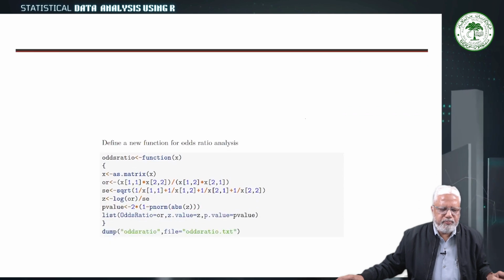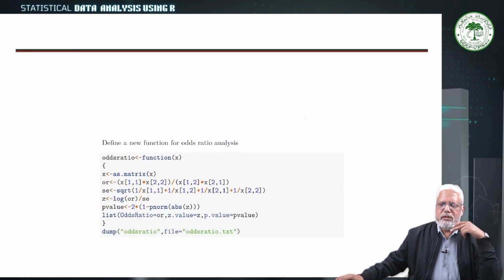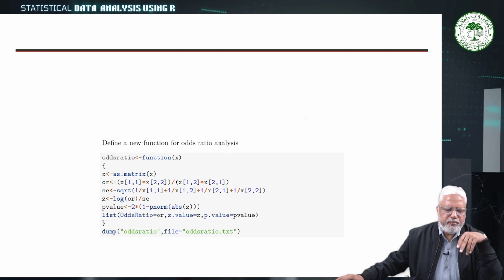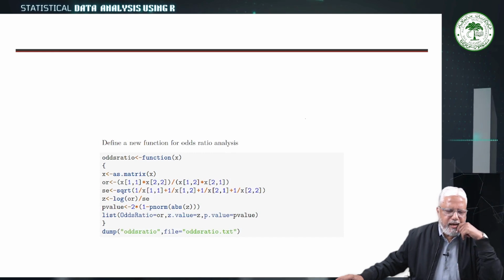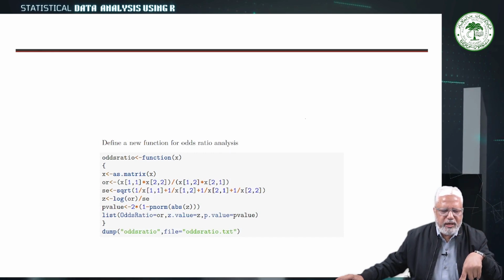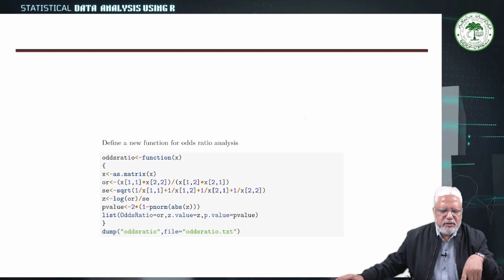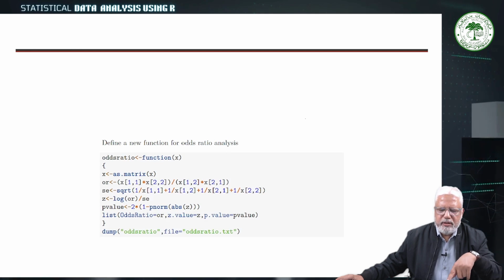So see here, we have defined a function which computes the odds ratio and then estimates the standard error, which is 1 by x11 and so on.